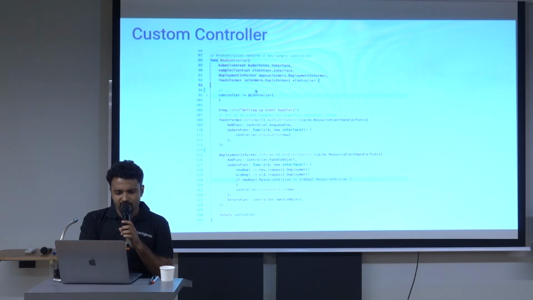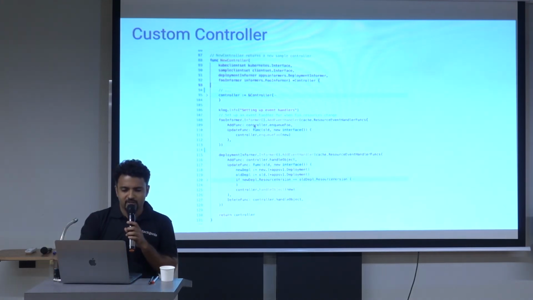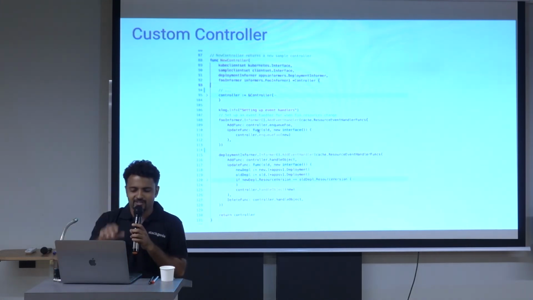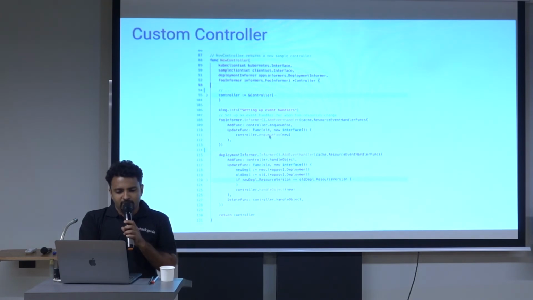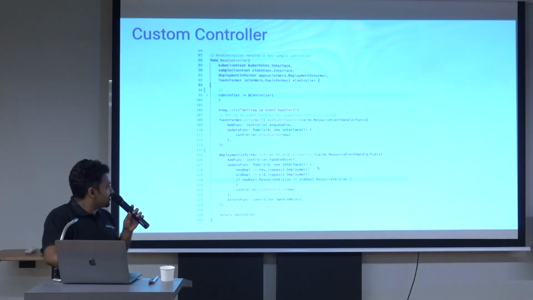If you look at the controller definition, you can see the informer is being configured to install the event handlers. It is specifically monitoring those resources, in this case the deployment and the Foo resource that we created, the sample one. It is watching for changes to the Foo custom resource as well as the deployment in these two lines.